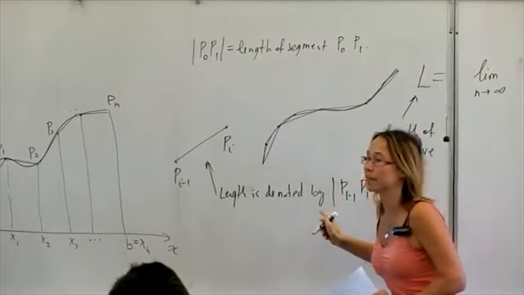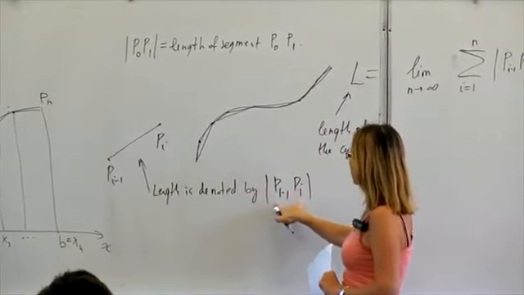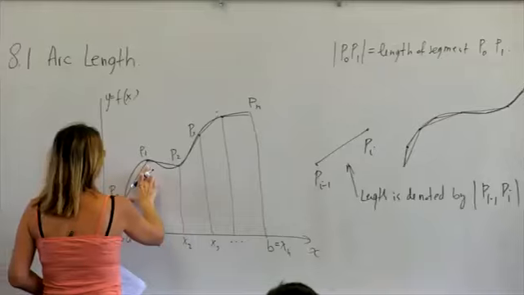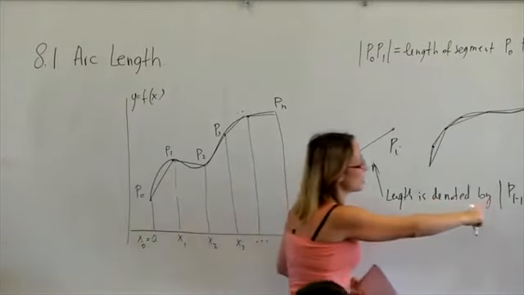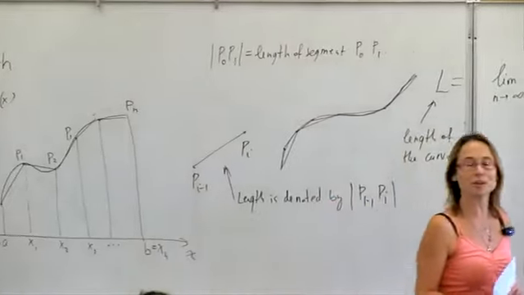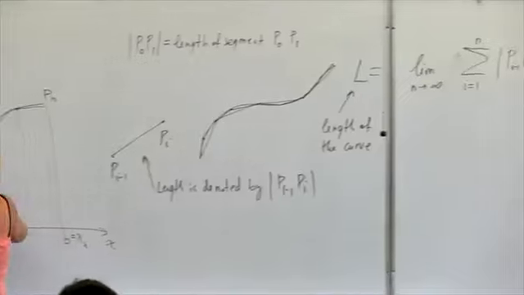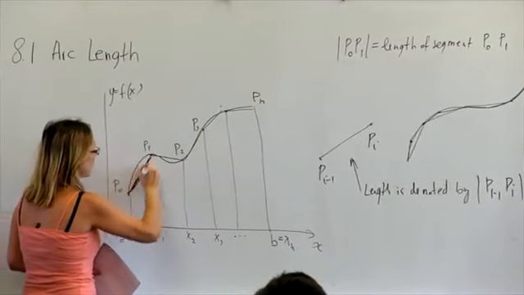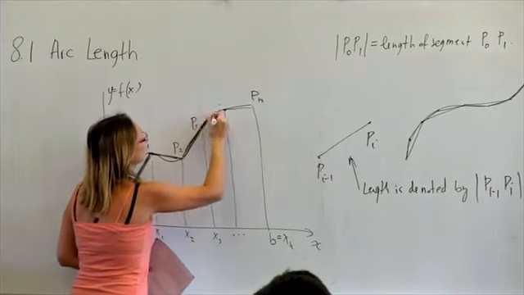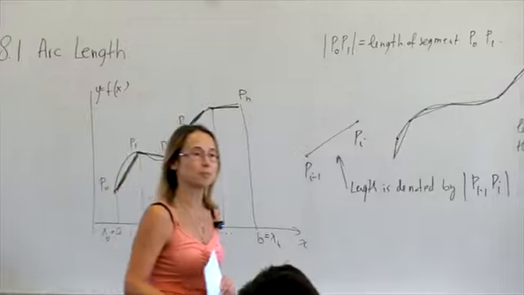So there is no multiplication here. This is just a notation. We put the two points, so the interval is denoted by P_{i-1}P_i, and when we put the absolute value sign, that signifies the length. So what we are doing here, we're measuring this, plus this, and so on, to approximate the length of the curve. Questions?